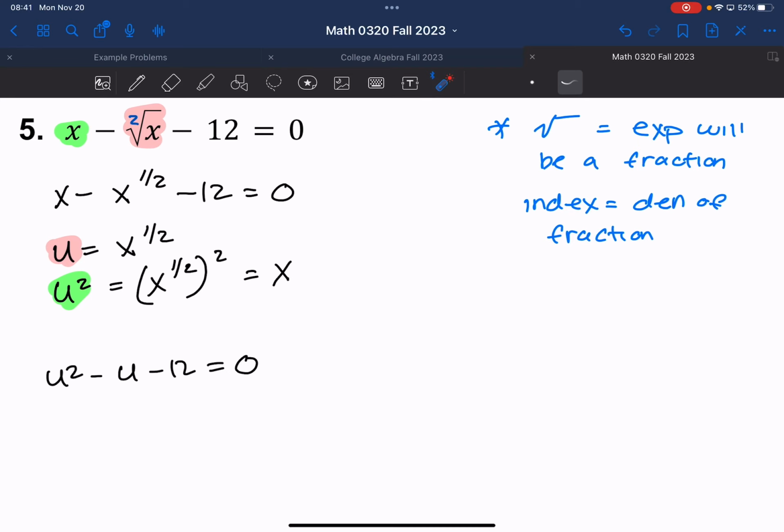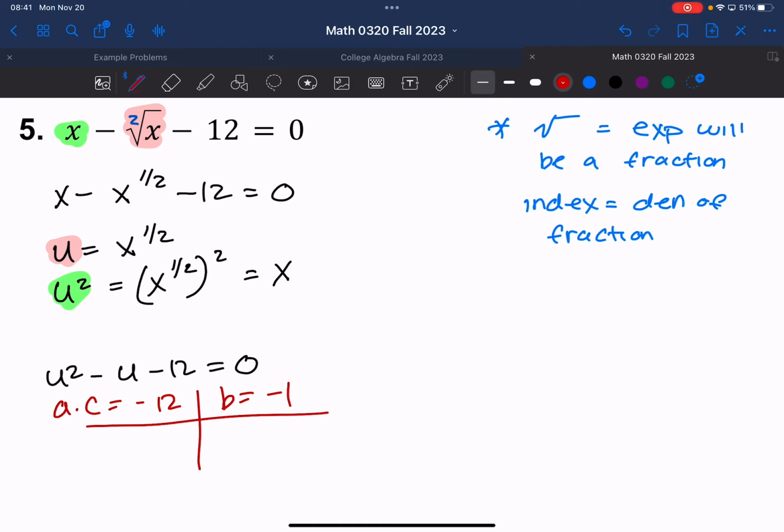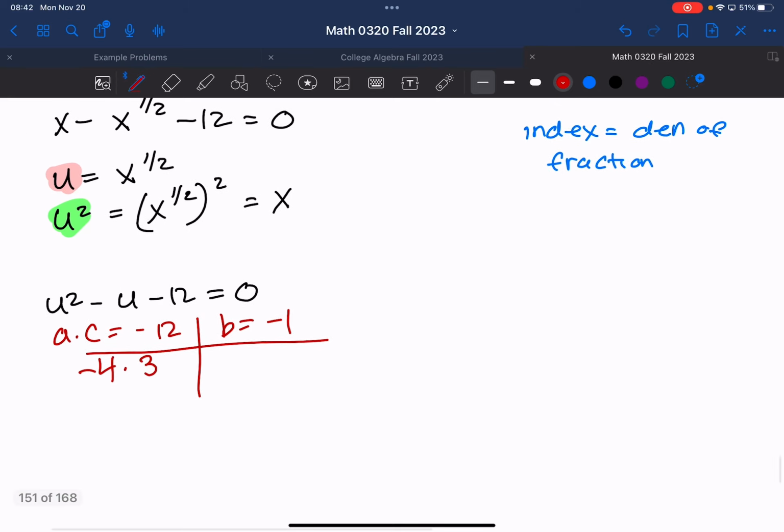So using the AC method, what is A times C? Negative 12, and what is B? So what are two numbers that multiply to negative 12 but add to negative 1? Negative 4 and 3. So we have u squared minus 4u plus 3u minus 12 equals 0.